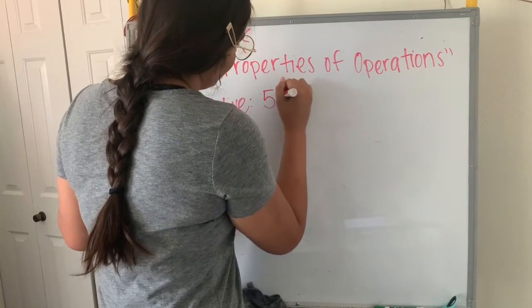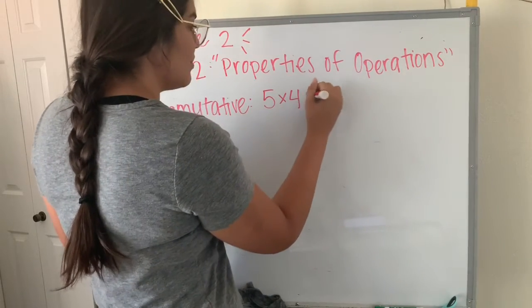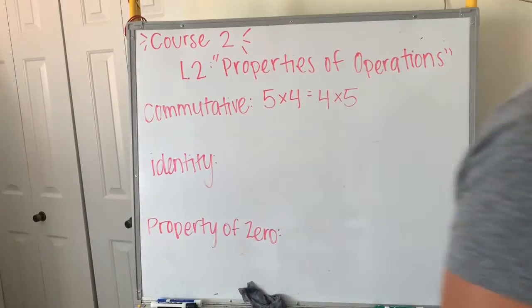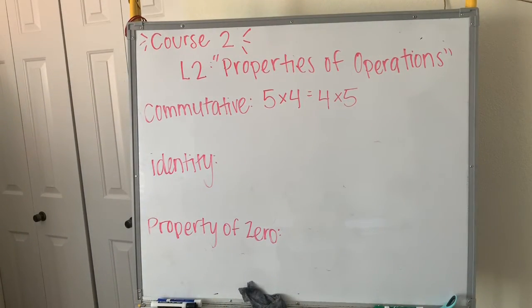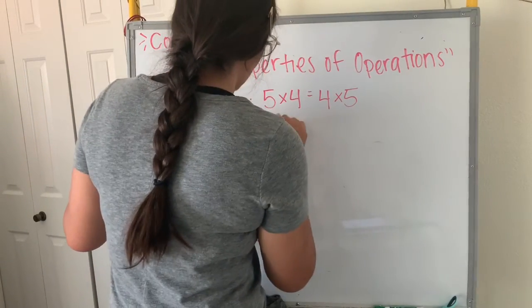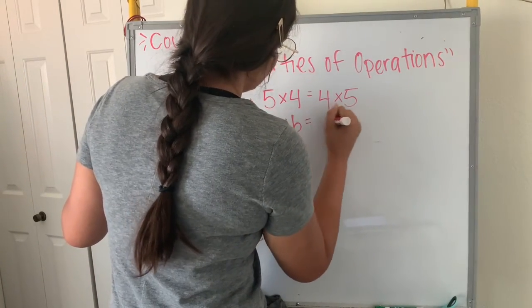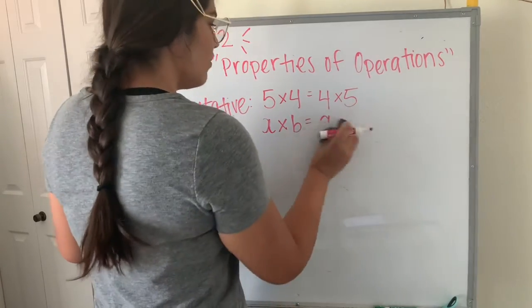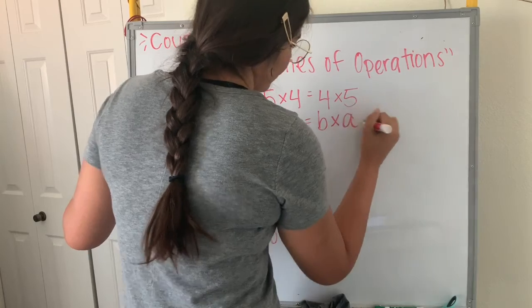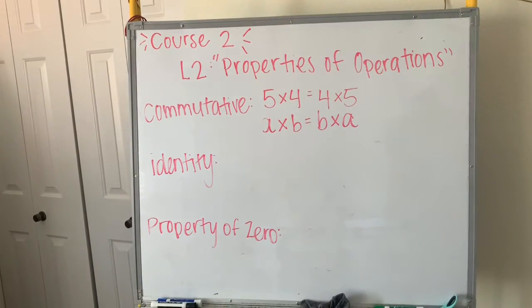If I switch the order of numbers, 5 times 4, is that still equal to 4 times 5? Yes. So I could say that the commutative property of multiplication is similar to that of addition, that the order of digits does not matter, the product will stay the same.